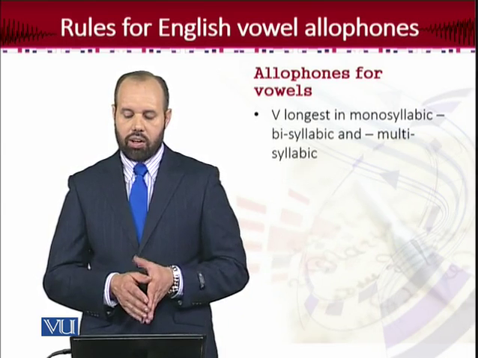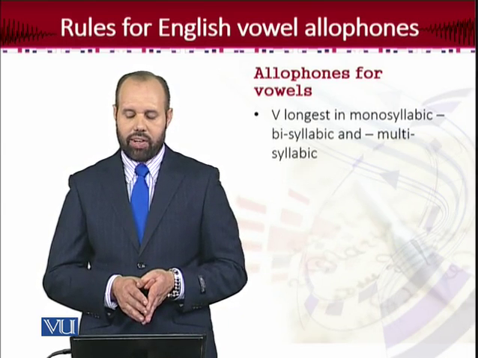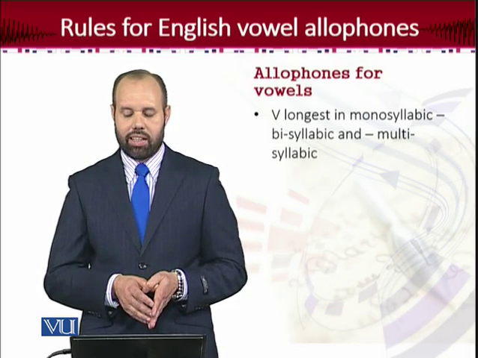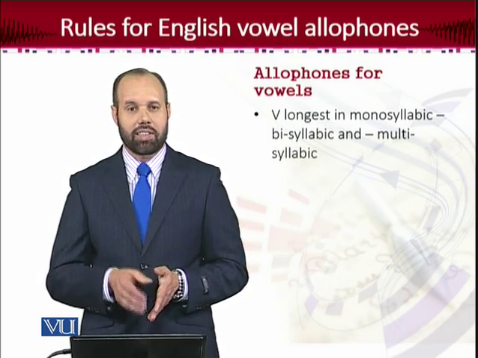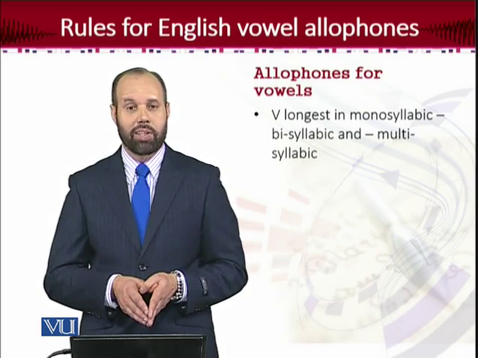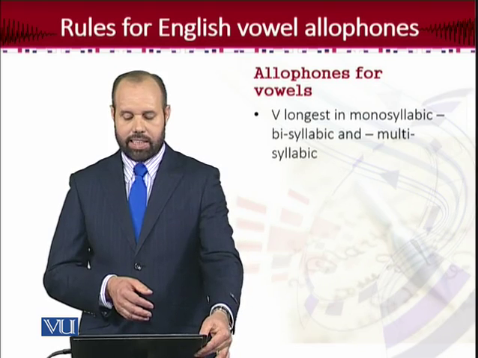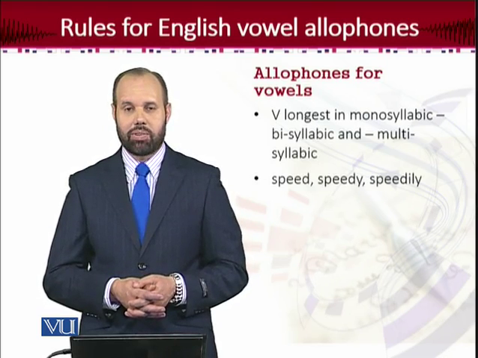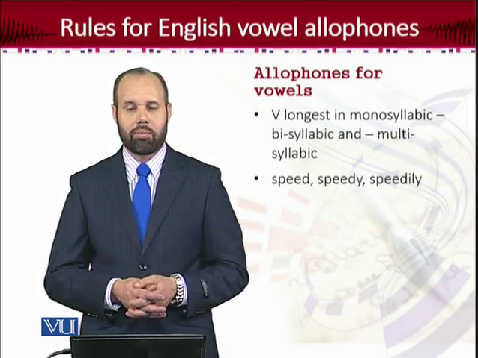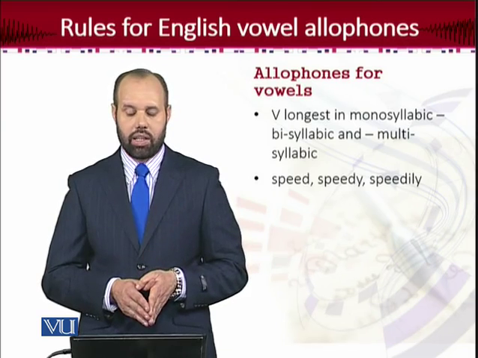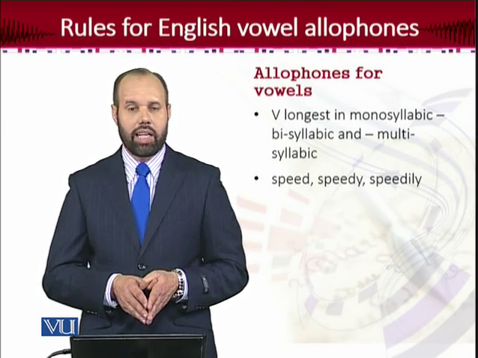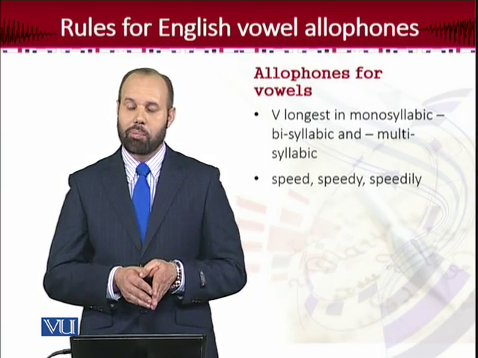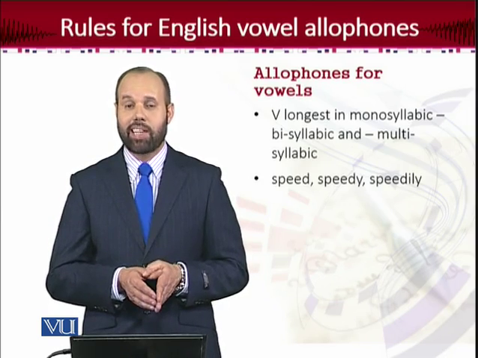Then the vowel is longest in a monosyllabic word, second longest in a bisyllabic word, and shortest in a multisyllabic or polysyllabic word, right? For example, speed is a monosyllabic word because there is only one syllable, so the E vowel in this word is the longest one. The point is that the morphology, the structure of the word, is really important.